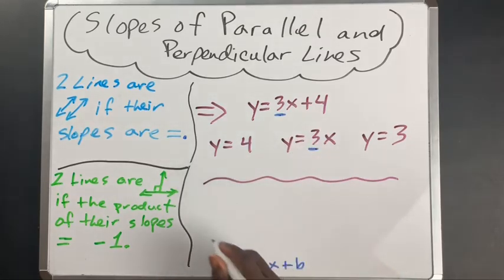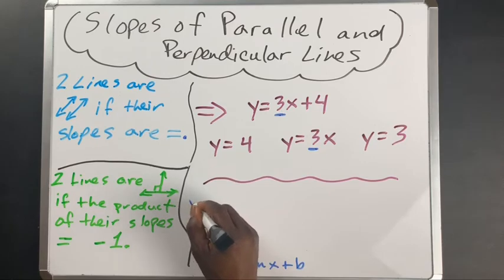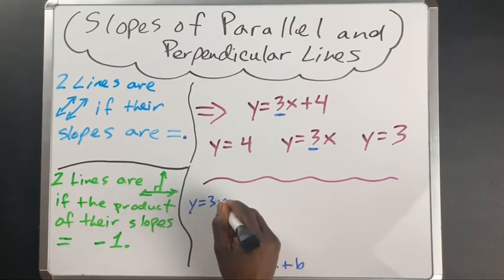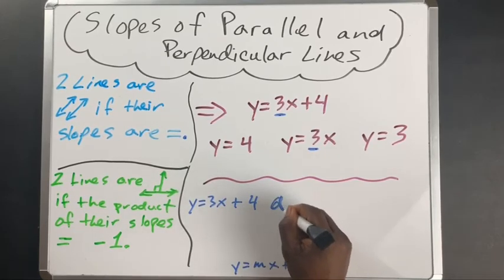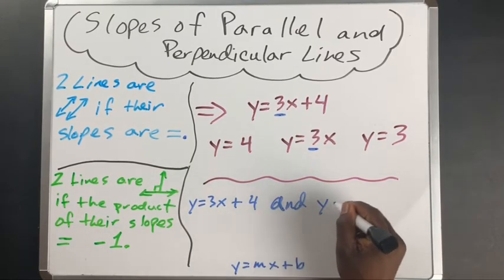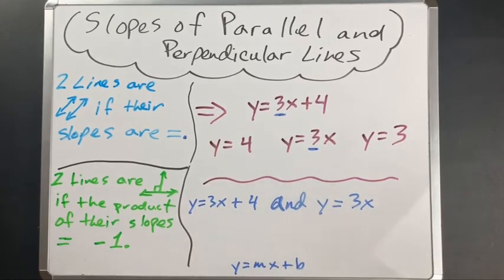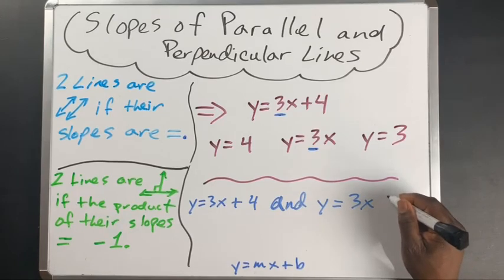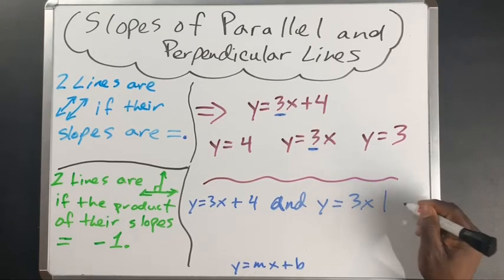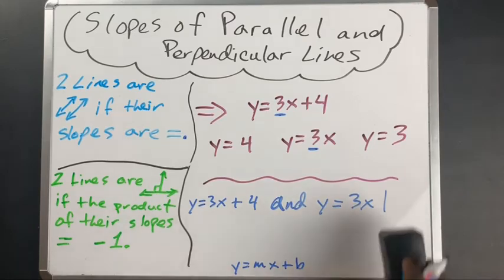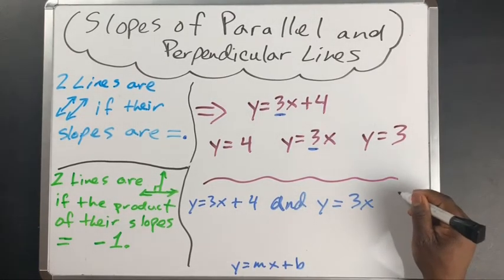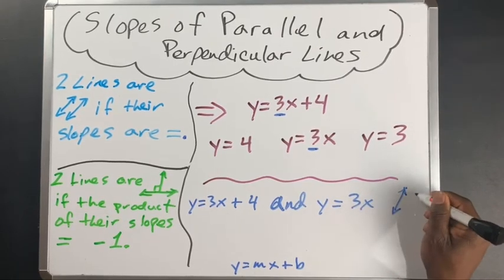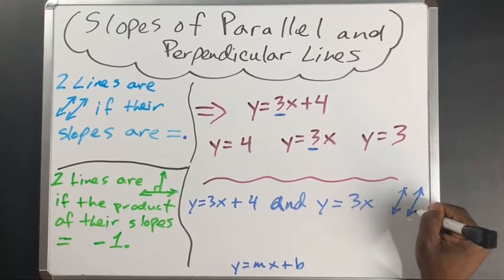We have y equals 3 times x plus 4, and y equals 3 times x, and we're going to say that these two are parallel.